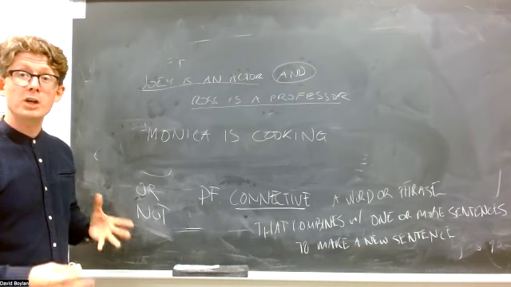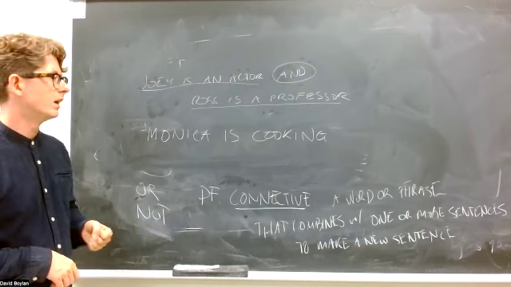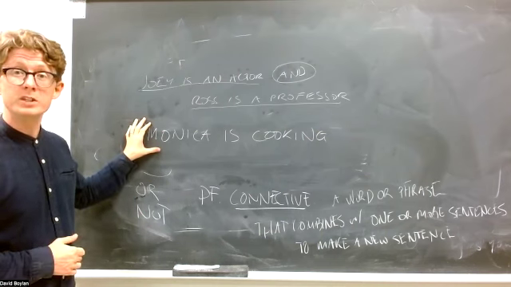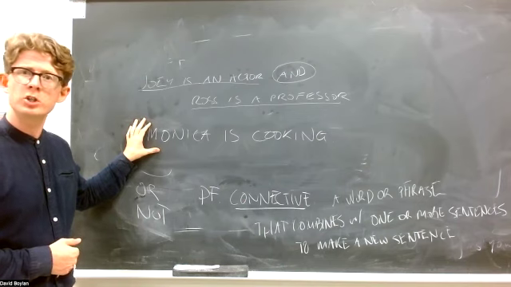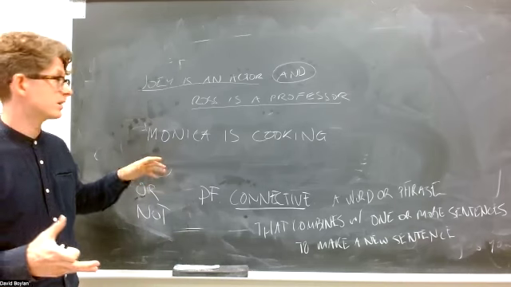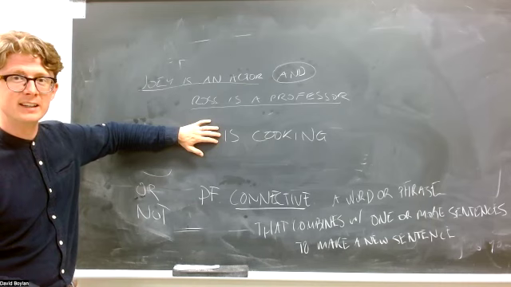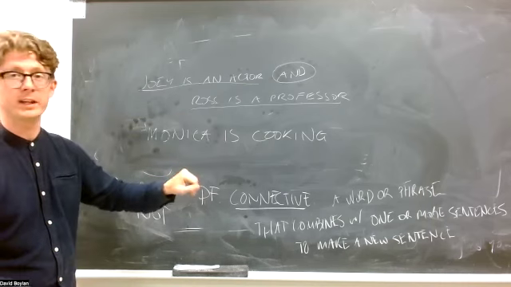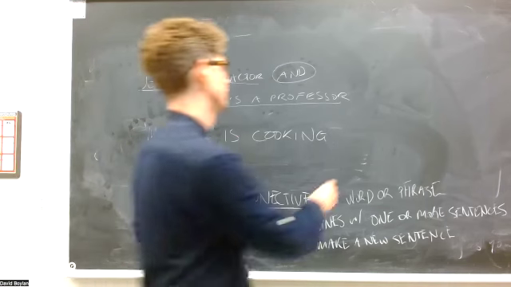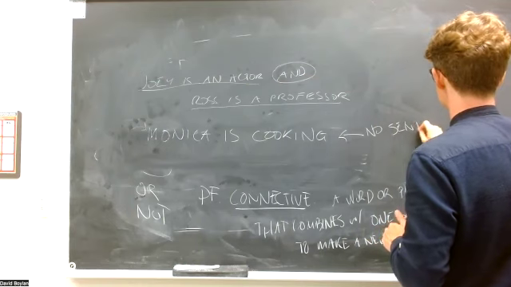There's an important difference between these sentences, and we can describe it in two different ways. If we focus on this sentence, we can see that one way in which it is simple is that it doesn't contain any other sentences as parts. There's just the one sentence. Any other part wouldn't be a sentence. Is cooking is not a sentence. You can't just say is cooking, or just Monica, or just is. You have to put the words together before you get a sentence. So no sentences as parts.